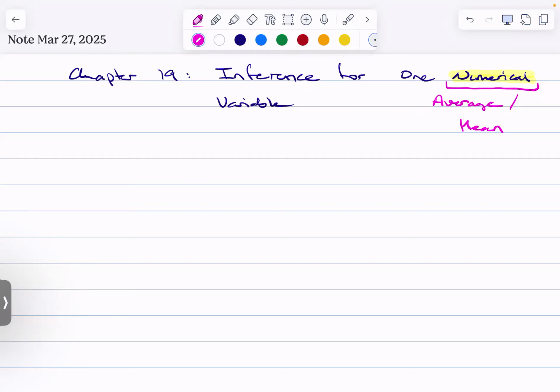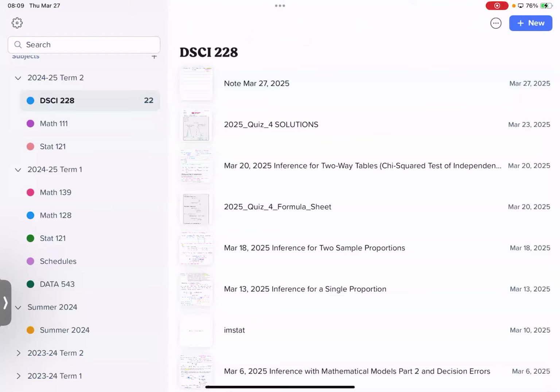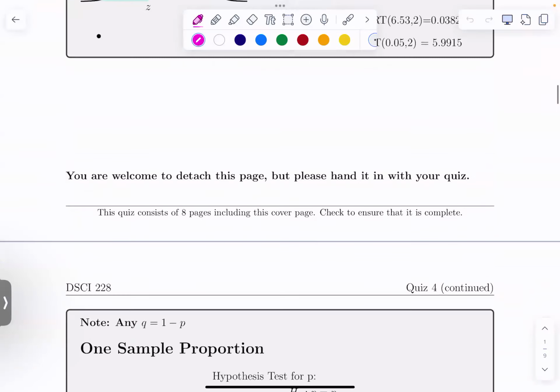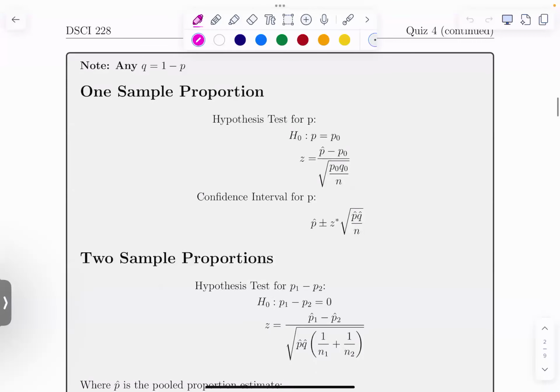So if we go to your formula sheet from quiz 4, for one sample proportion, right, now we're going to do the equivalent, but for the mean, right? So now I have a sample mean, and I want to compare it to what?